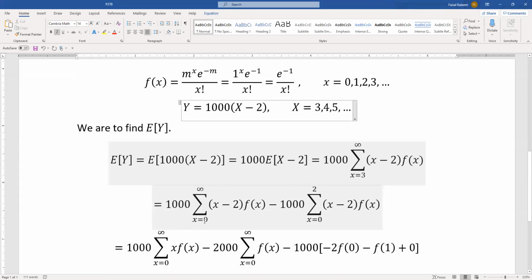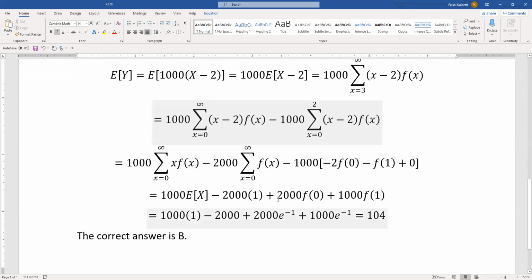That means I have added 0, 1, and 2, which were missing since this was starting at 3. And if I add the 0, 1, and 2, then I have to subtract the same thing where the sum goes from 0 up to 2, which means 0, 1, and 2.